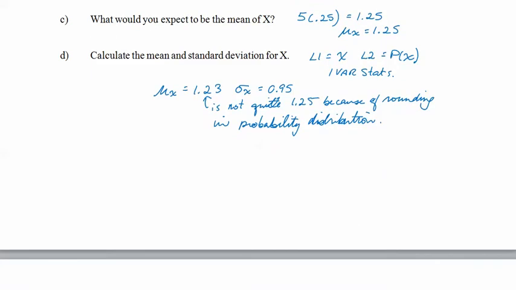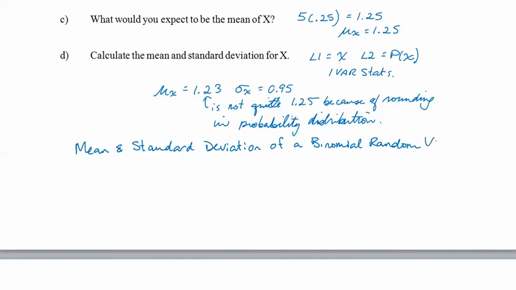So we're going to look at the mean and standard deviation of a binomial random variable. And this is developed on page 390 of your textbook.